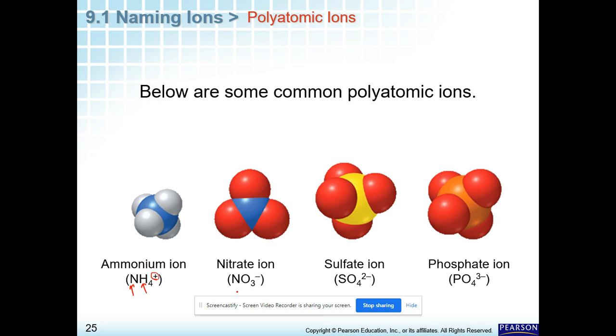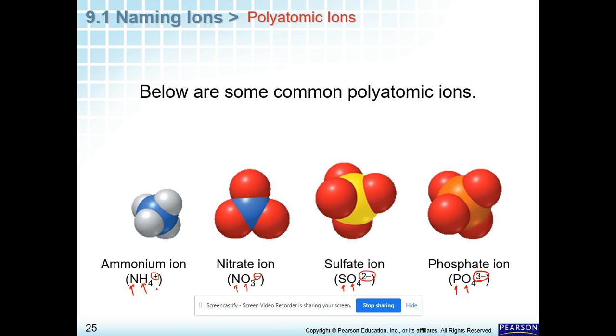Nitrate is made up of nitrogen and oxygen, and this negative tells me it has a -1 charge. Sulfate is made up of sulfur and oxygen, and this has a 2 negative charge. And phosphate is made up of phosphorus and oxygen and has a 3 negative charge.